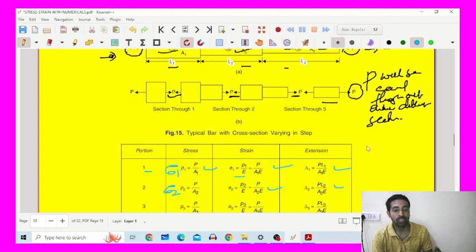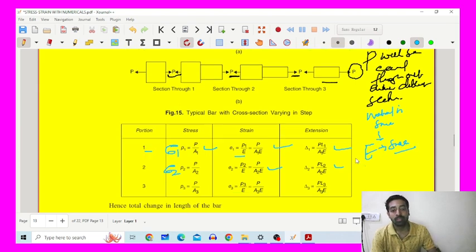We are also considering the material to be the same, so the modulus of elasticity will remain the same. Now for sigma 3, it will be P upon A3, the strain will be P upon A3 into E, and the extension will be PL upon AE.